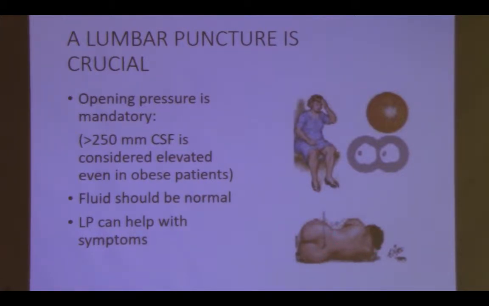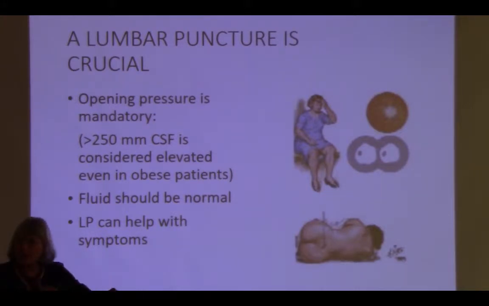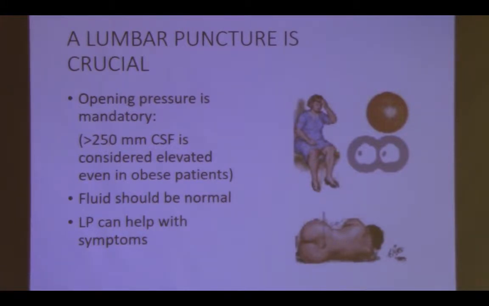A needle is introduced below the spinal cord, and then we put a manometer on here to measure the pressure. As I said, a normal pressure is usually less than 250 millimeters of spinal fluid. The fluid itself we send to the lab to make sure there's no meningitis or infection in there that could cause the pressure to be elevated.